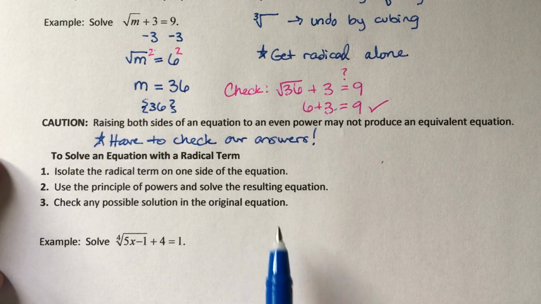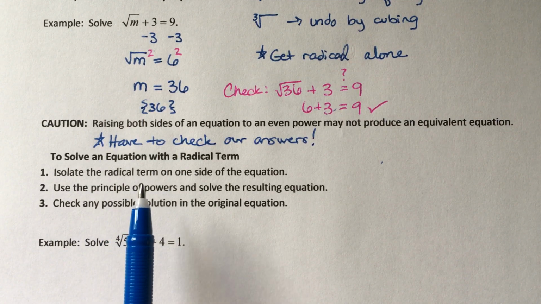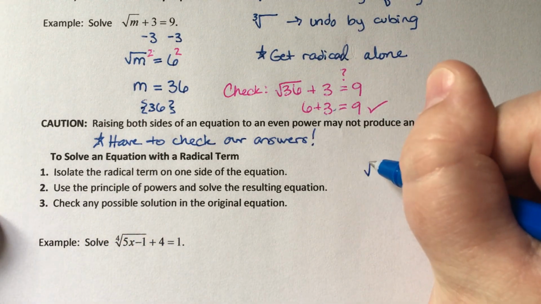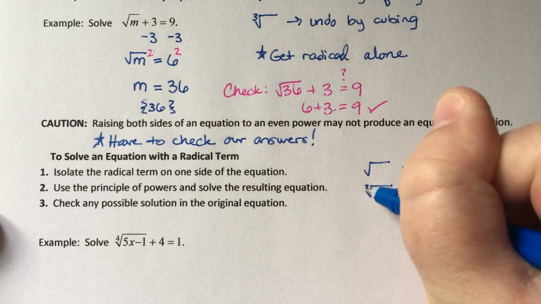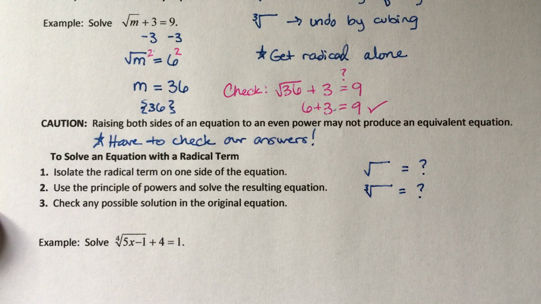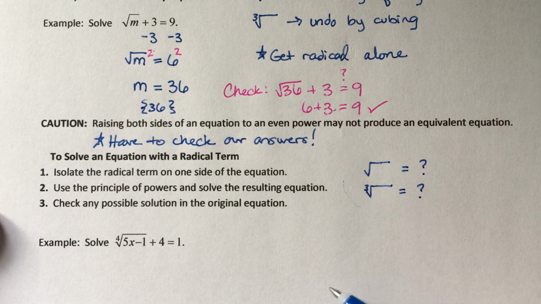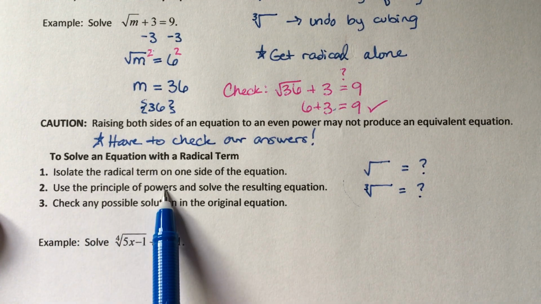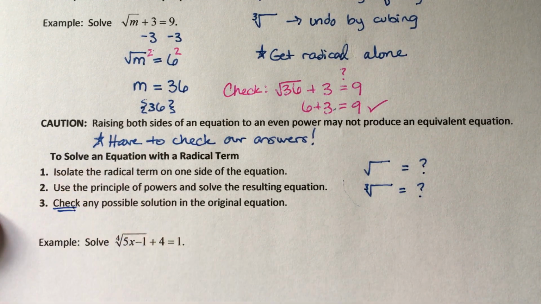If you like more of a step-by-step process, first step is always isolate the radical on one side of the equation. We have to get the equation to look like a square root equals something, or a cube root equals something. We can't have anything else with the square root or cube root on one side of the equation. Then we use the principle of powers, meaning raise both sides of the equation to some exponent, and always check.